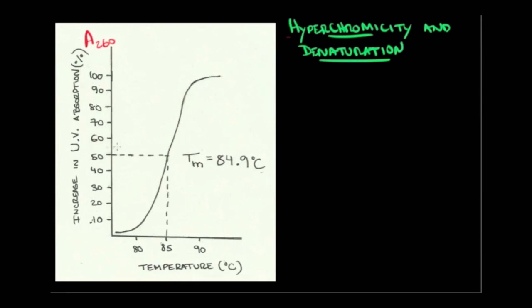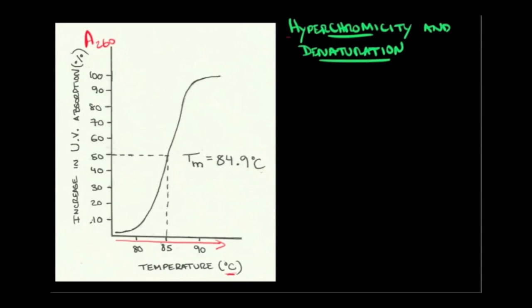This is the wavelength of the light we're using here, and it's ultraviolet. Another thing to look at is the temperature, which we're working with in degrees Celsius. As you see, we will be increasing the temperature and seeing the effect that it has on absorbance. So we're relating absorbance to temperature and vice versa.